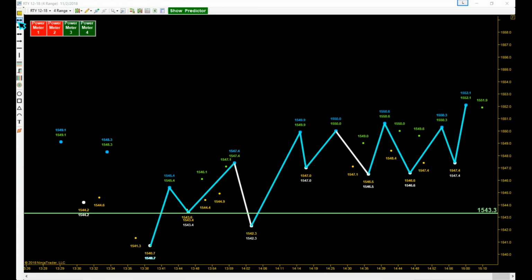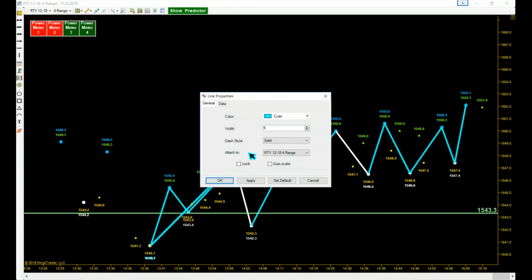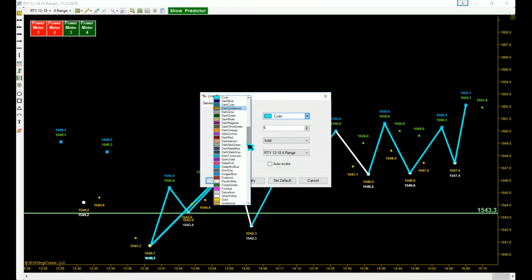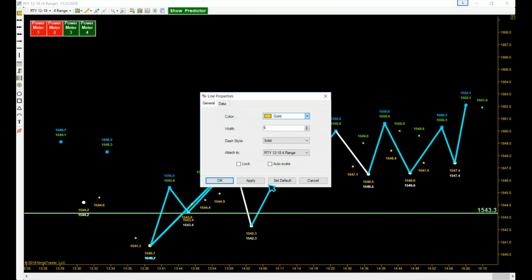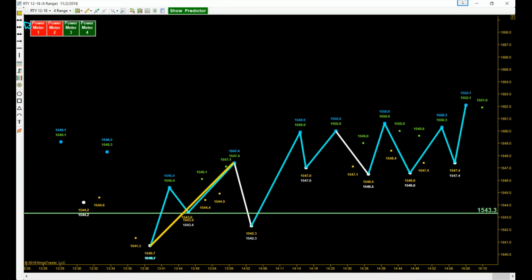So in a way, this trend is more like this, and I'll just go ahead and draw it. It's more like this, isn't it? I'm going to change the color of this so that you'll be able to see it better. We'll do it in like yellow. Gold's fine. All right. Isn't the trend now more like this?